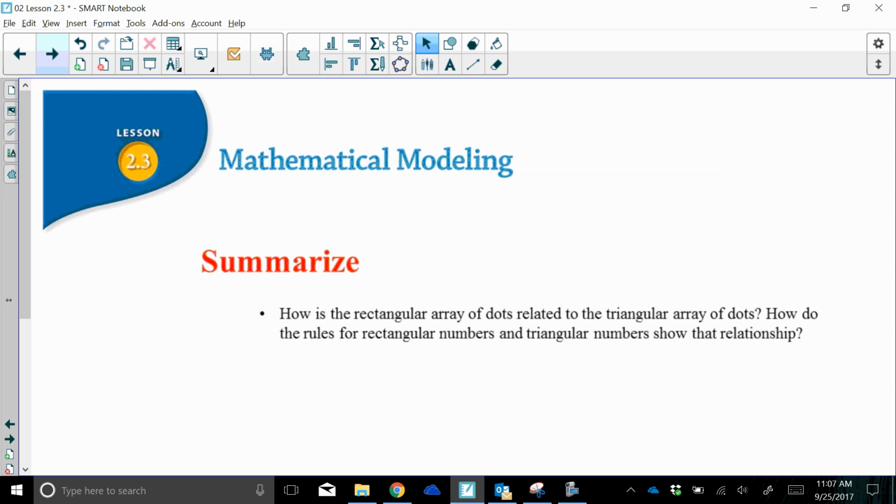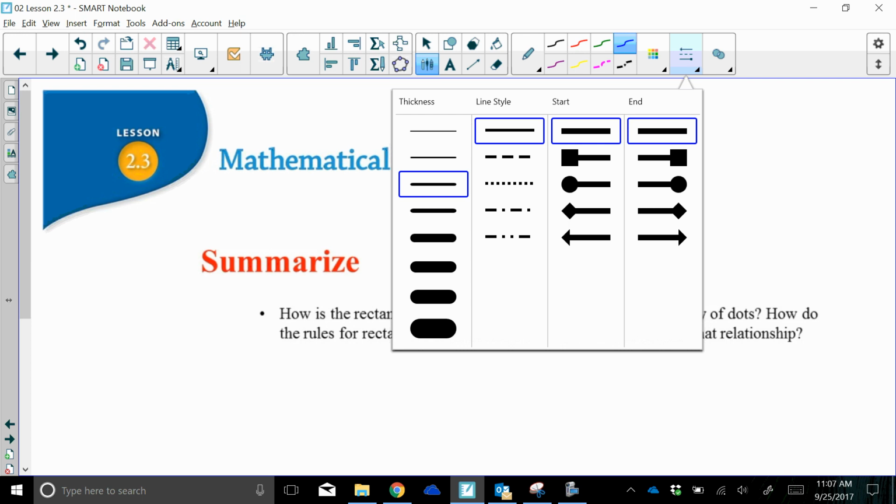So to summarize, how is a rectangular array of dots related to the triangular array of dots? We developed mathematical models for both of those. And how do the rules for rectangular numbers and triangular numbers show that relationship? So again, for the triangular array of dots, we said n times n plus 1 divided by 2 is our generic formula.